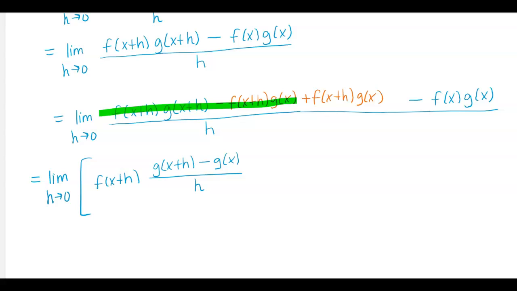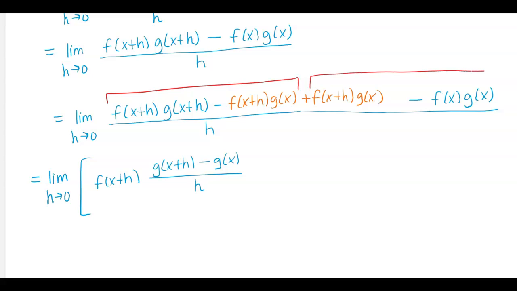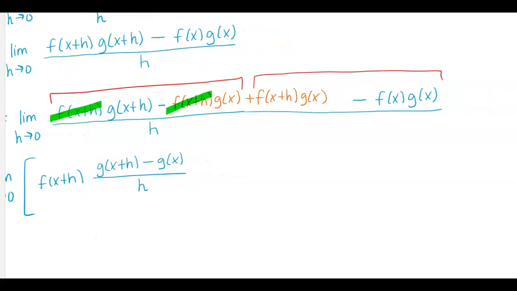What I'm going to do is separate this into two different fractions. I'm going to have the first fraction be these two terms divided by h, and then the second fraction is going to be these two terms divided by h. And also in that same process, I'm factoring out this f of x plus h. So that's the first set.